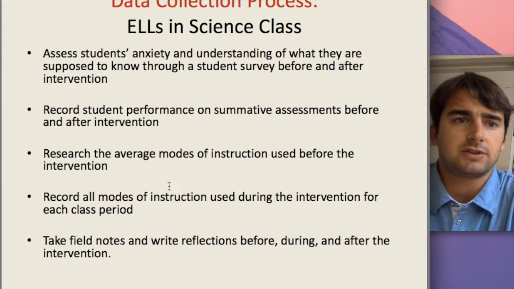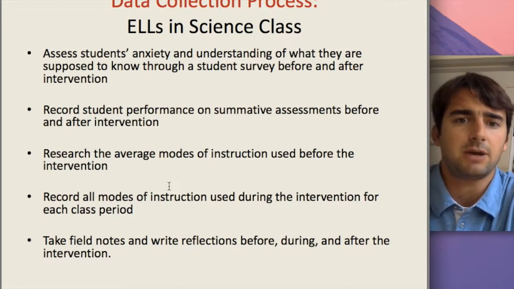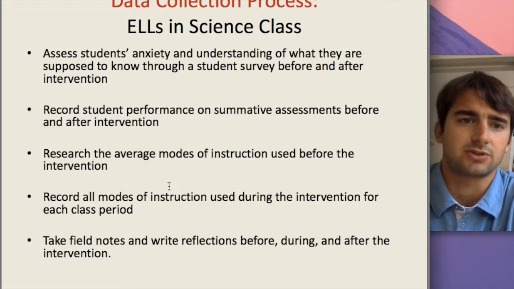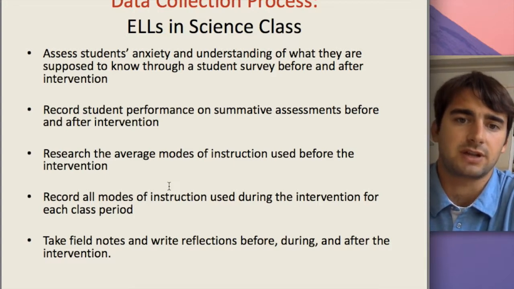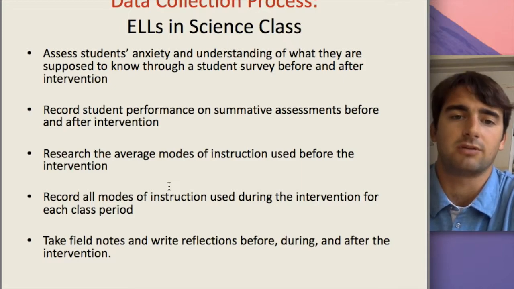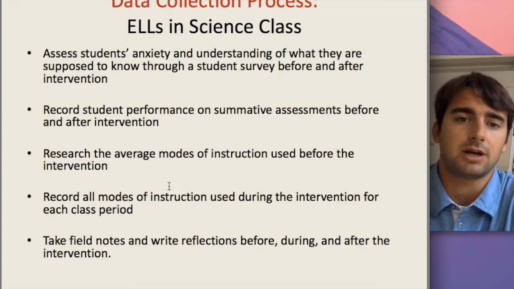Now, ELLs in science class, basically I assessed their anxiety by asking them a few questions on the student survey. We'll examine one of those questions later. Basically, how comfortable are you in science class is the question, and they rated themselves on a scale from 1 to 5. 1 being low, not comfortable, 5 being great and very comfortable.